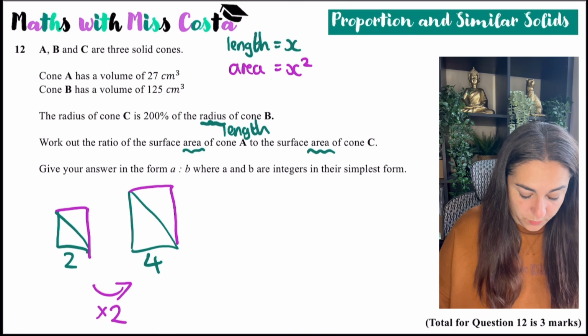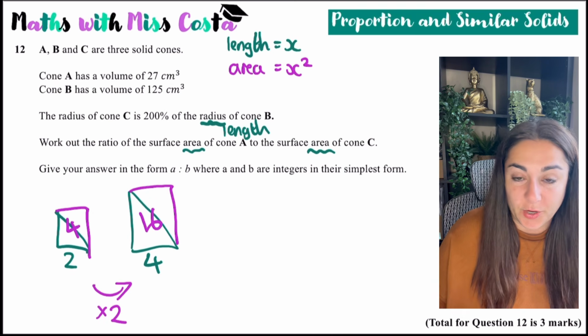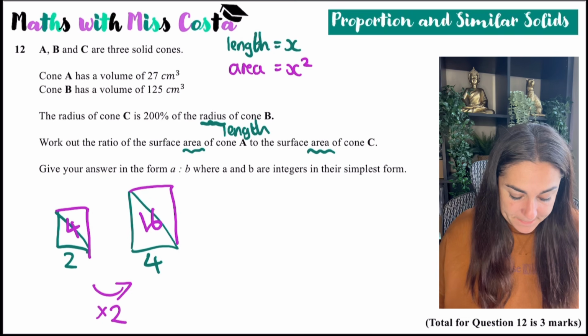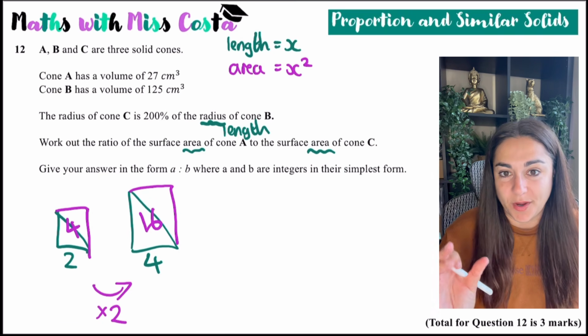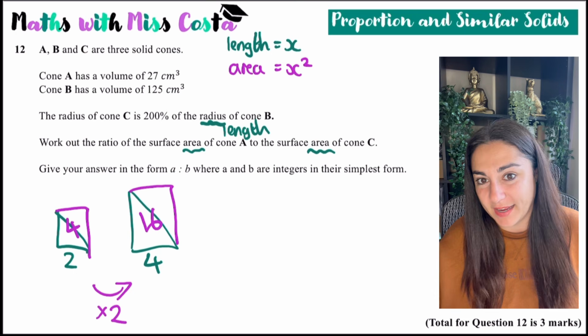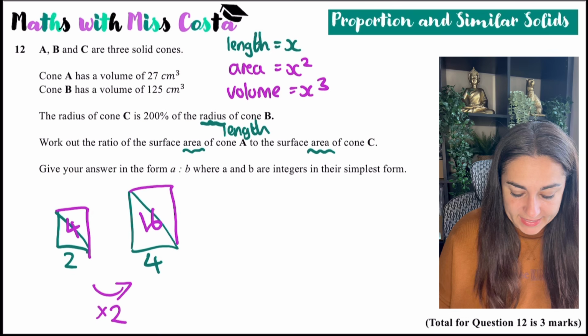So what would the area of this square be? 2 times 2 is 4. 4 times 4 is 16. Because we're dealing with 2 dimensions, that's why the area scale factor would be whatever x is squared. And similarly, the volume scale factor would be x cubed.